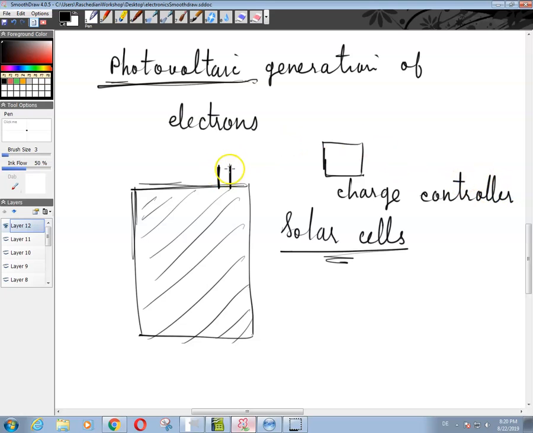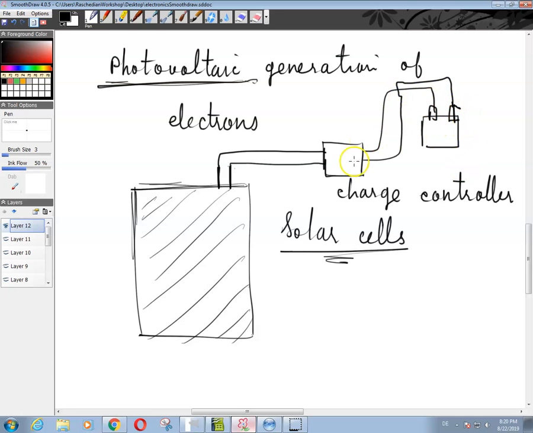And then the charge controller will, using this voltage, charge, for example, a battery. It will charge a battery, and it actually controls the way that the battery is charged. It manages the battery and so on and so forth.